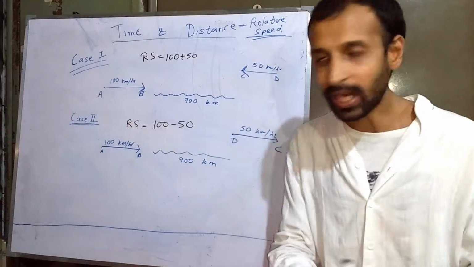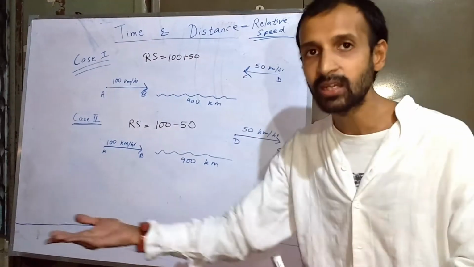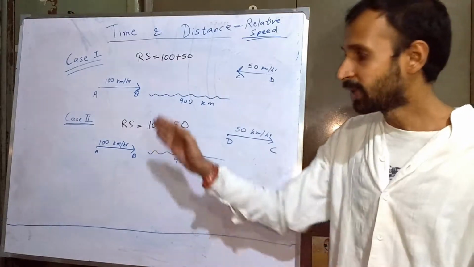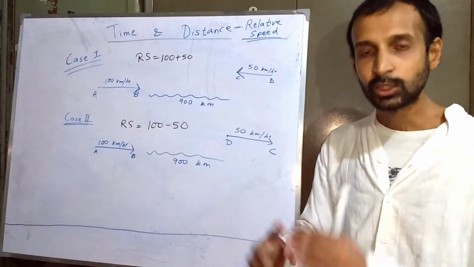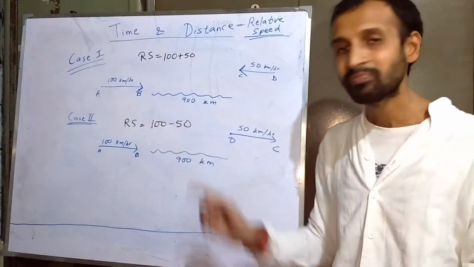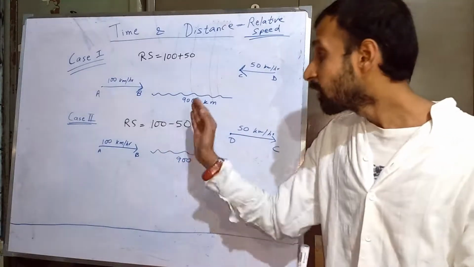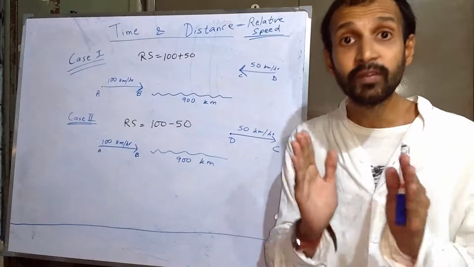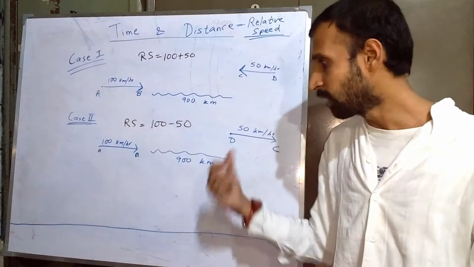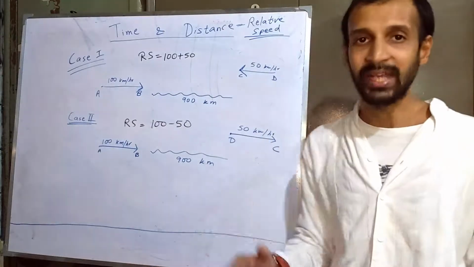But at that same 1 hour, this train is lengthening that distance by 50 kilometers. But because 100 is more than 50, in every 1 hour, the distance between them is getting shortened by 100 minus 50, which is 50 kilometer.